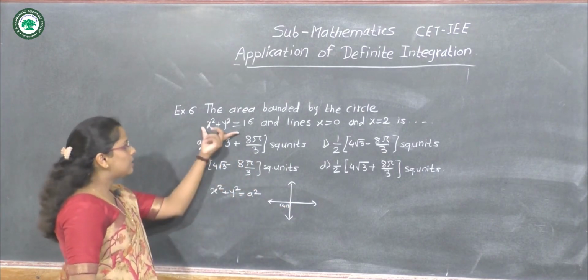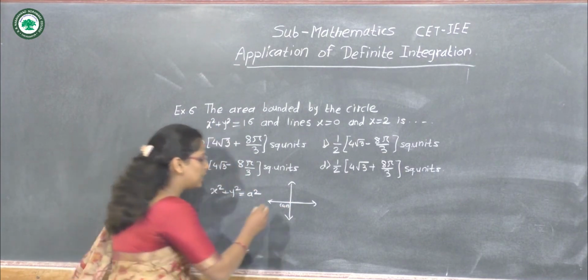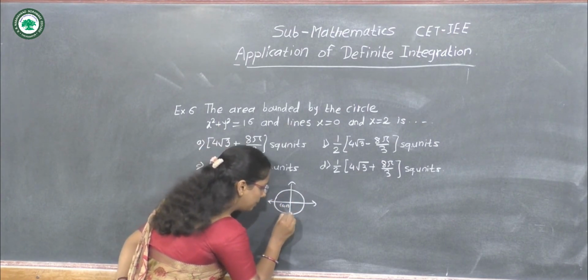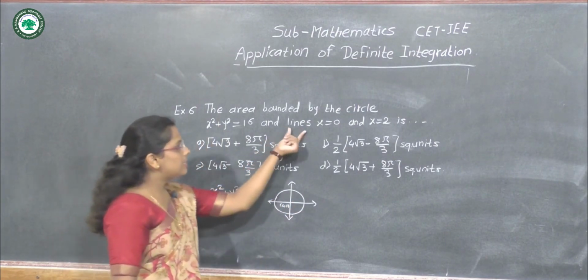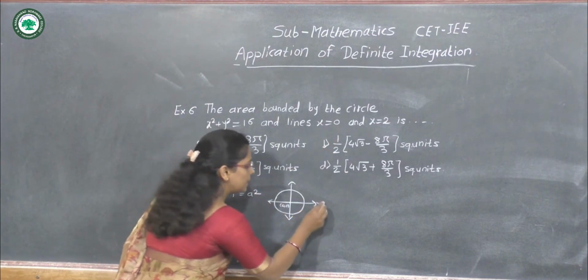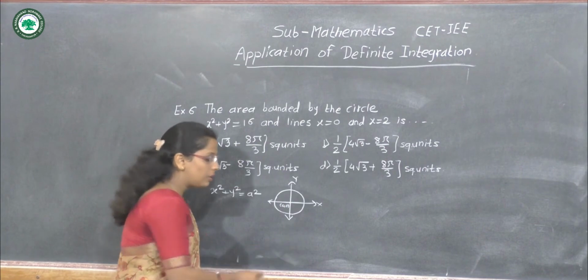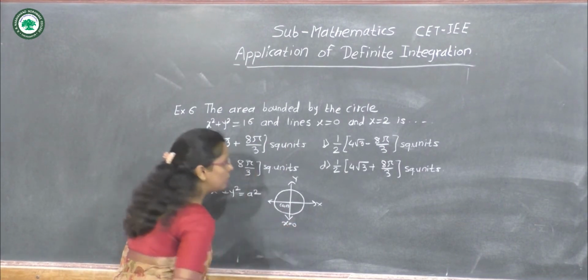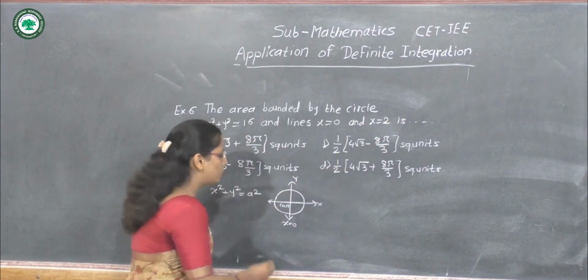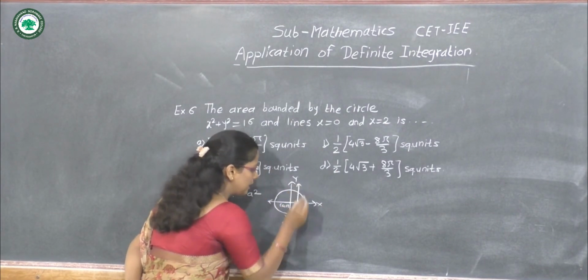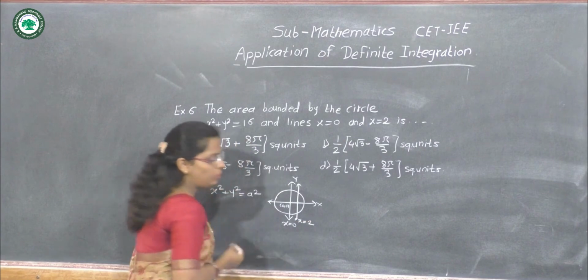Now the x square plus y square is equal to 16. If the circle is like that, and the lines, if this is x and y, x is equal to 0 is nothing but the y axis, and x is equal to 2. If this is 2, then the line is x is equal to 2.